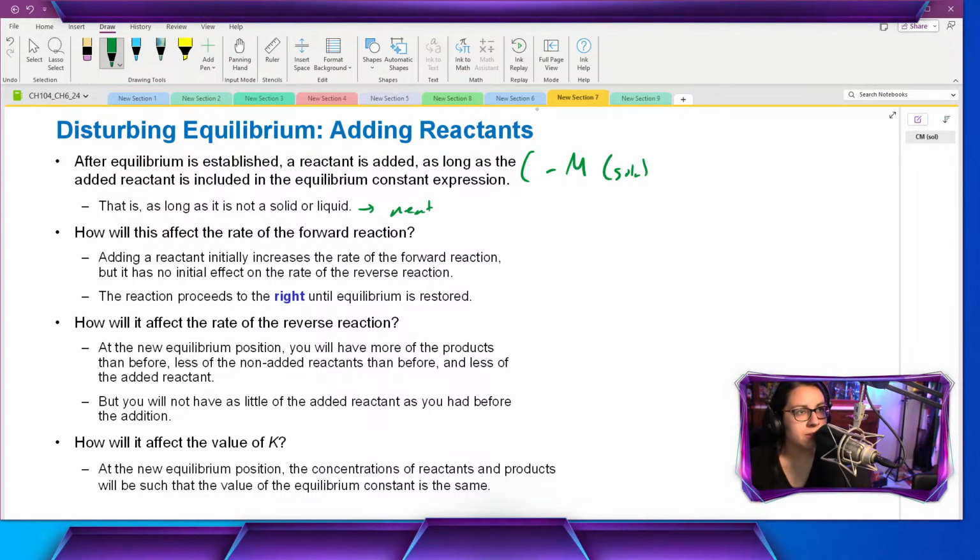And so now it says again, if you add reactants, we would initially increase the rate of our forward reaction, and then there would be no effect on our reverse reaction, and then we restore our equilibrium.